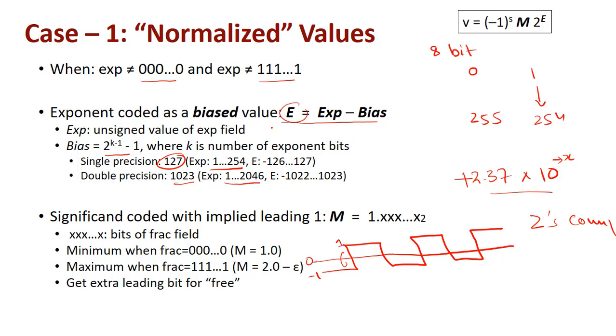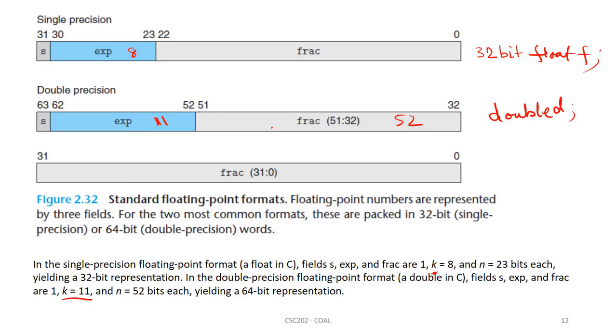I will show shortly in an example how the bias is calculated. Now, the second thing is how to encode the mantissa, or the significand. I hope you have paid attention to my earlier words.